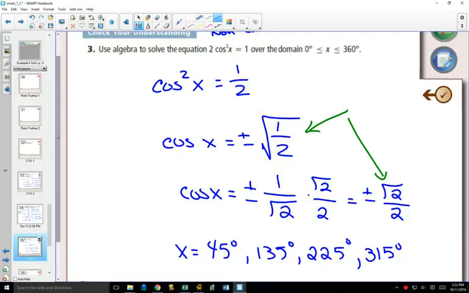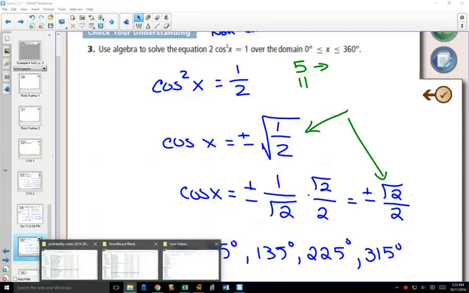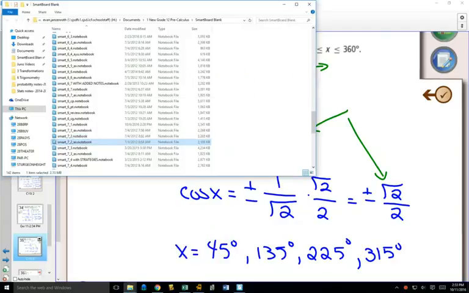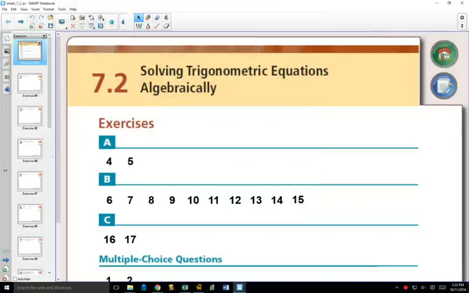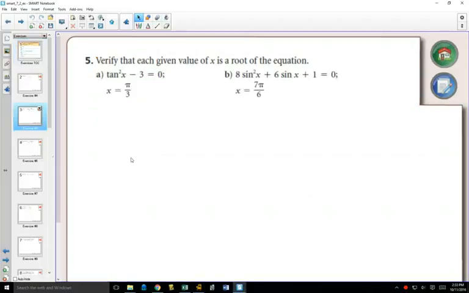For the homework for this one, I want you to do question 5 and 11. But for 5, I'm just going to pull it up here. I want you just to change the instructions a little bit. So question 5, it says verify.